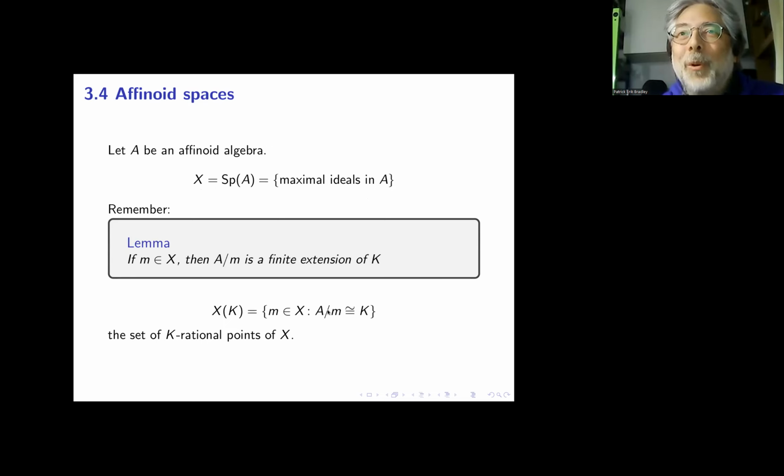So A modulo M is isomorphic to K. This is the set of K-rational points of X. Next week we will just fix K and consider K-rational points of these algebraic or analytic objects.